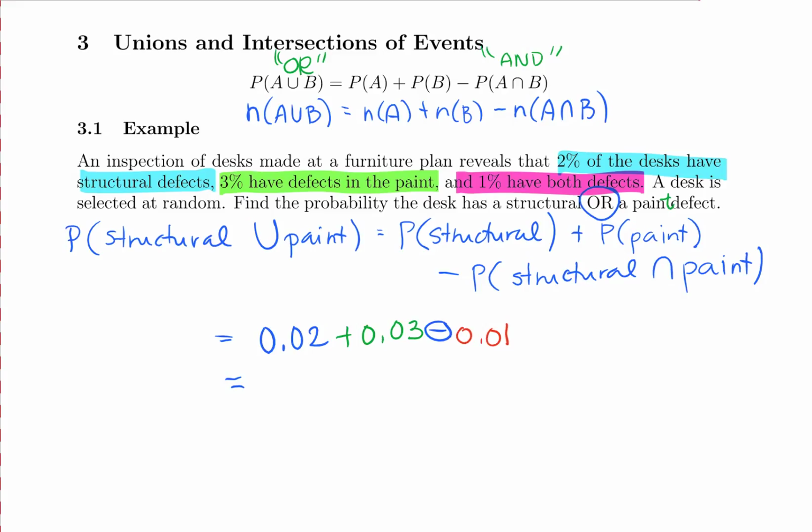We're taking care of the double counting. So 0.02 plus 0.03 minus 0.01 should give us 0.04. And that would be our final answer. The probability that a desk will have a structural or a paint defect. So basically any kind of defect would be about 4%.